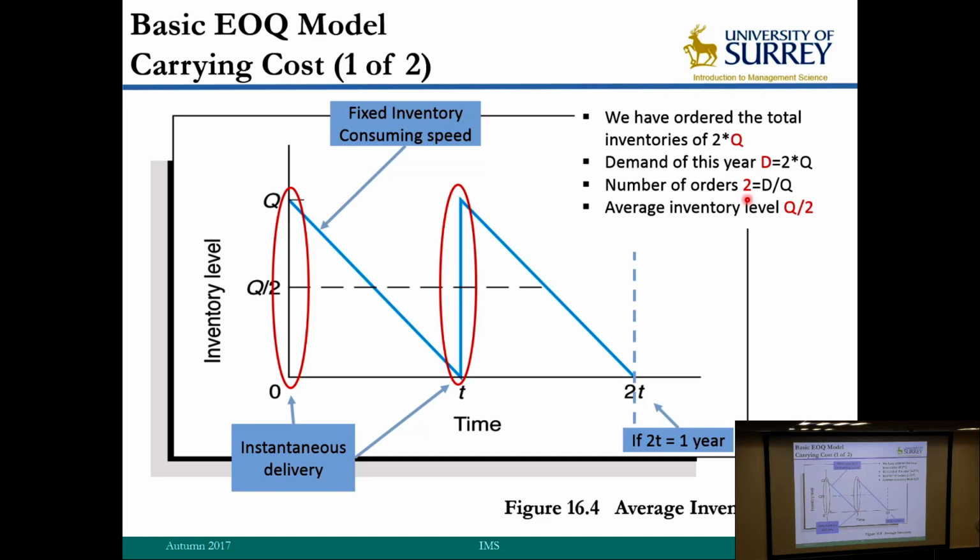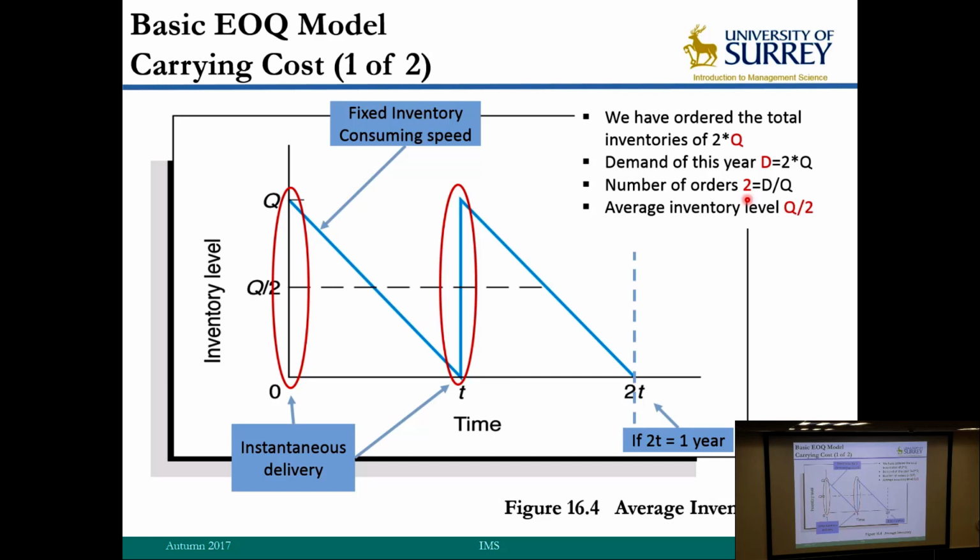So from time 0 to time T, we go from Q to 0. On average, this is actually a small triangle. If you move that small triangle over to here, on average we have Q divided by 2. So half of Q is the average inventory level from 0 to T.